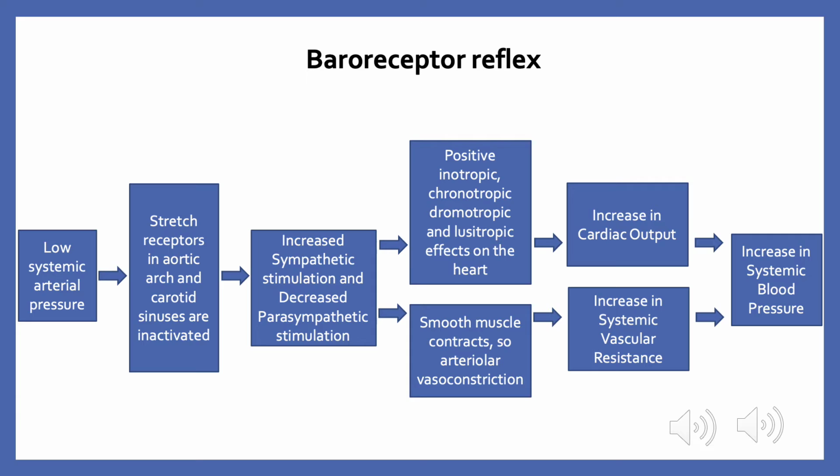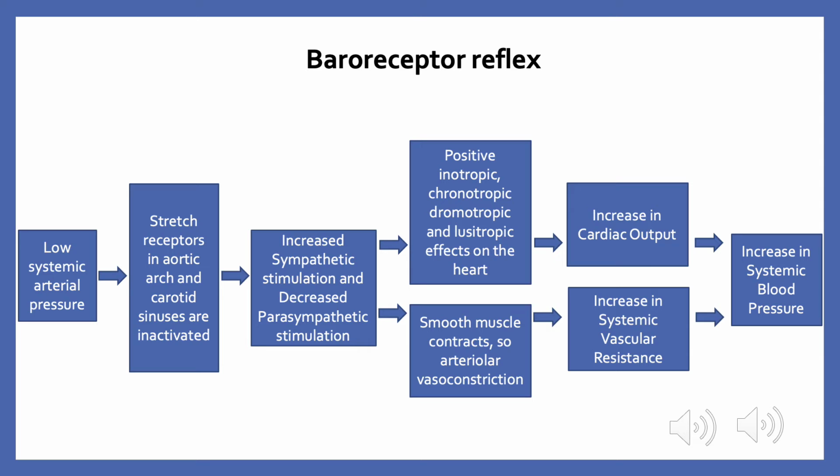As a result, stimulation of the vasomotor center means there is an increase in sympathetic activity, and inhibition of the nucleus of the vagus nerve means that there is a decrease in the parasympathetic activity. The consequences of increased sympathetic stimulation and decreased parasympathetic stimulation exist both on the heart itself and the blood vessels.